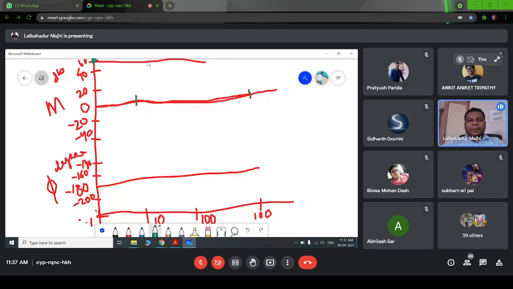So this slope will continue up to the first corner frequency. So we don't have to draw this line.